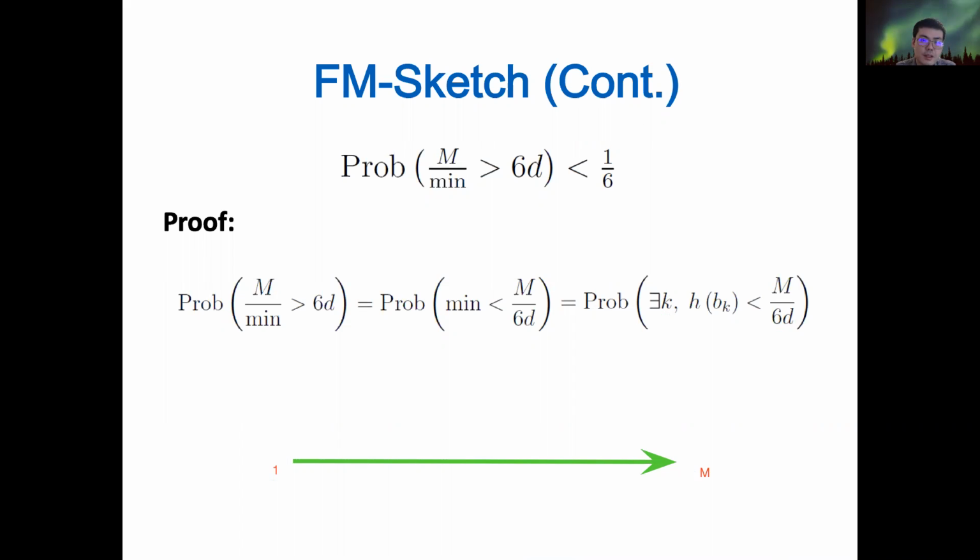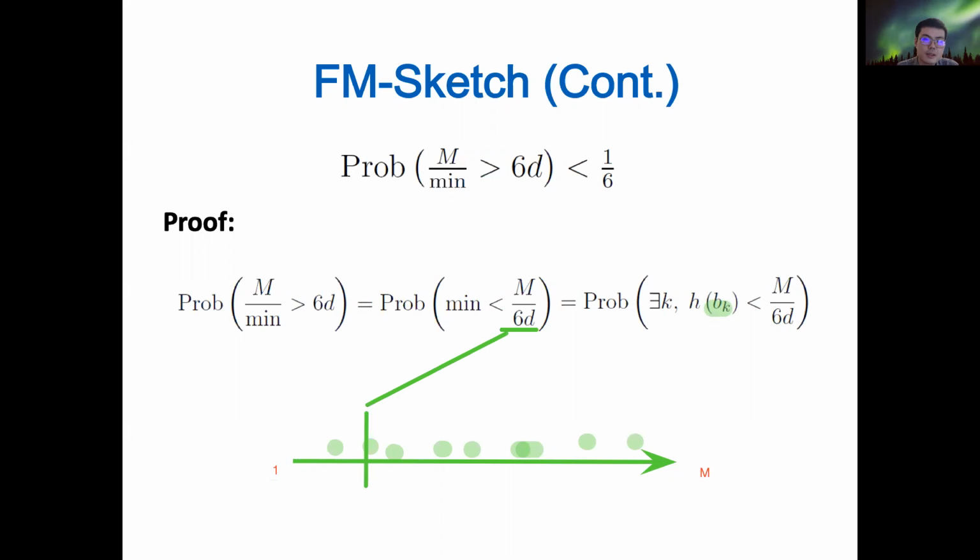We have different distinct values here, and they are hashed to different places. We have a bar that we want to cut, and this bar is this value. We want to say there exists something that is mapped to less than the bar. So you can see this is equivalent.